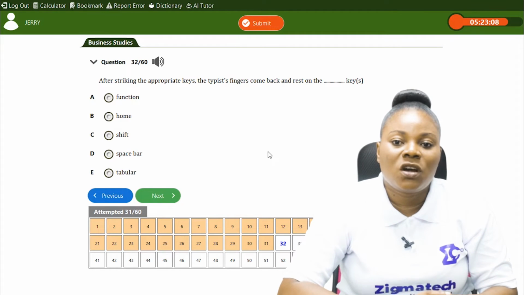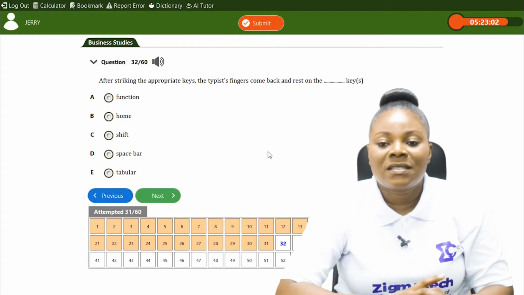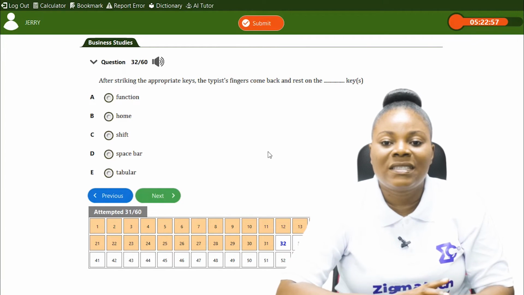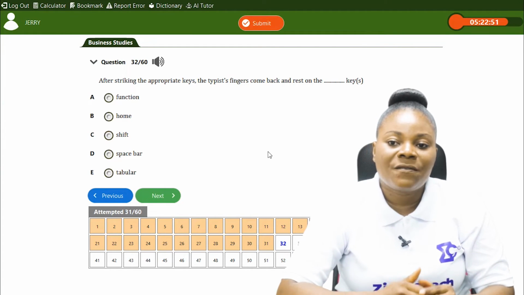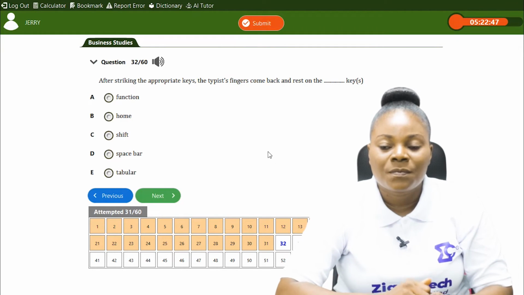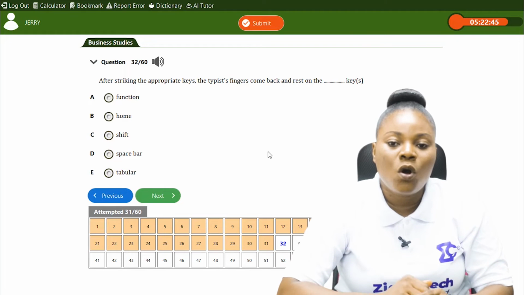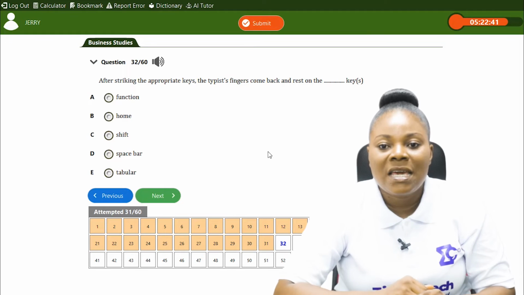The next question, question 32, says, after striking the appropriate keys, the typist's fingers must come back and rest on the dash keys. Is it the function keys, home keys, shift key, spacebar or tabular keys?